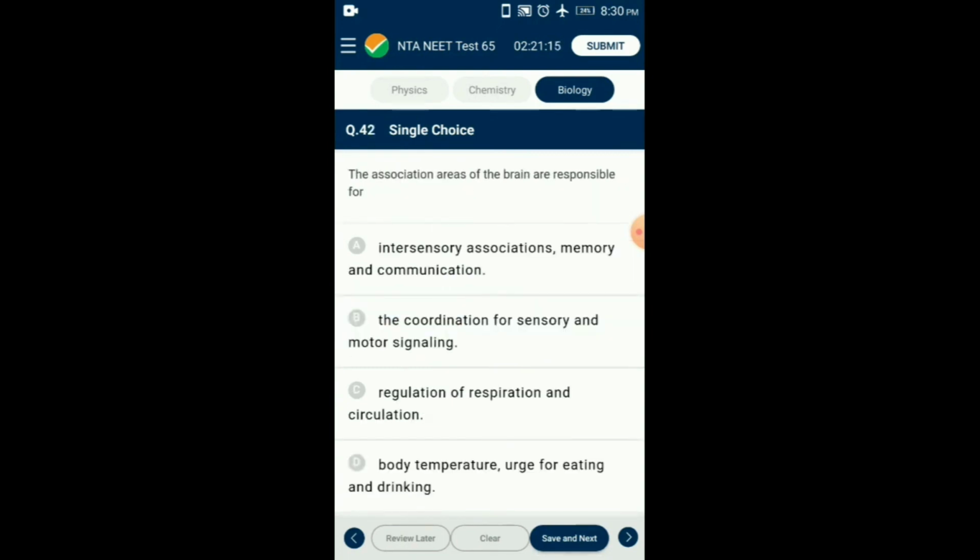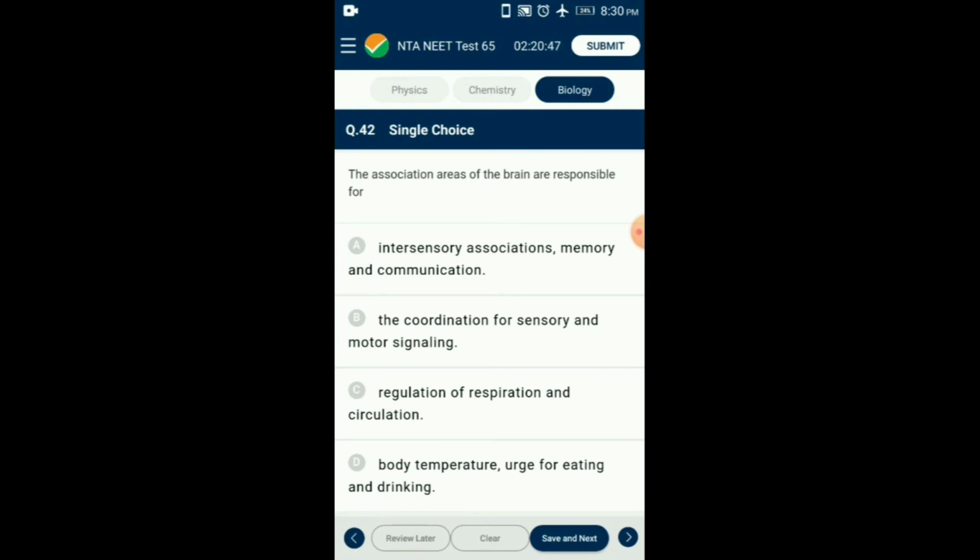Question number 42. The association areas of the brain are responsible for an area of cerebral cortex that lies away from the main areas that are concerned with the reception of sensory impulses and are start of motor impulses, but is linked to them by many neurons known as association fibers.